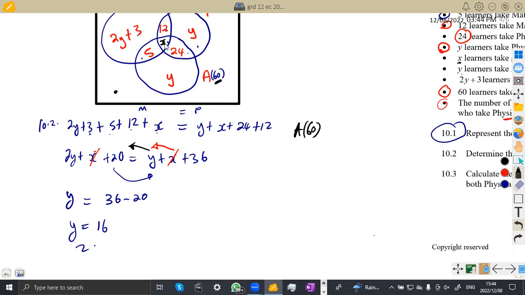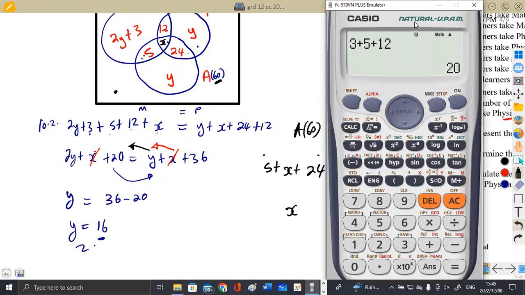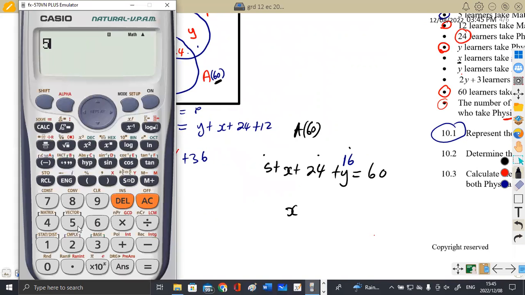So if we add everything in accounting, you close the accounting part, we have 5 plus x plus 24 plus y, then we equate to 60. But taking note that we now have the value of y as 16, in place of y we are going to substitute 16. So we're going to remain with x. We add the values 5 plus 24 plus 16. All right, let's add aside. That's 5 plus 24 plus 16, which is going to give us 45.